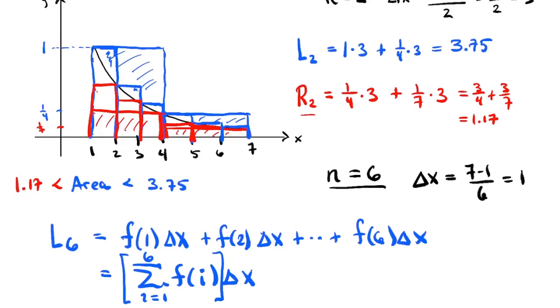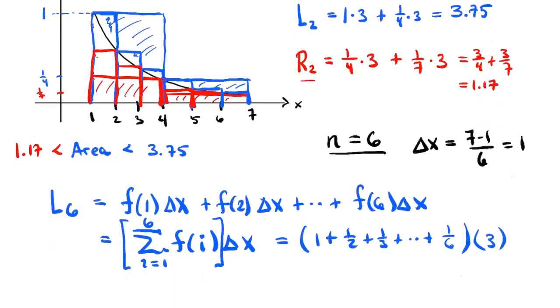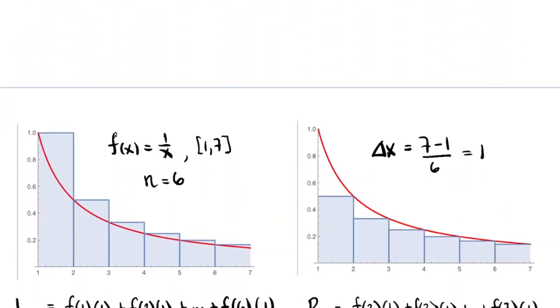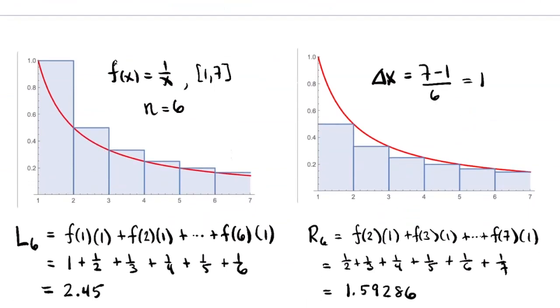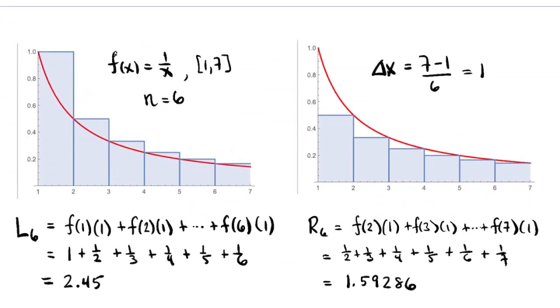So if you really wanted to compute this number, you'd have to do something like take 1 plus a half plus a third and so on up to a sixth. When you're all done with that, multiply it by the width delta x and you'll get your L6. Okay, I'm not going to do all that arithmetic in the video here. Let's scroll down. I've got a nicer picture for us to look at, and I've already done the computation.